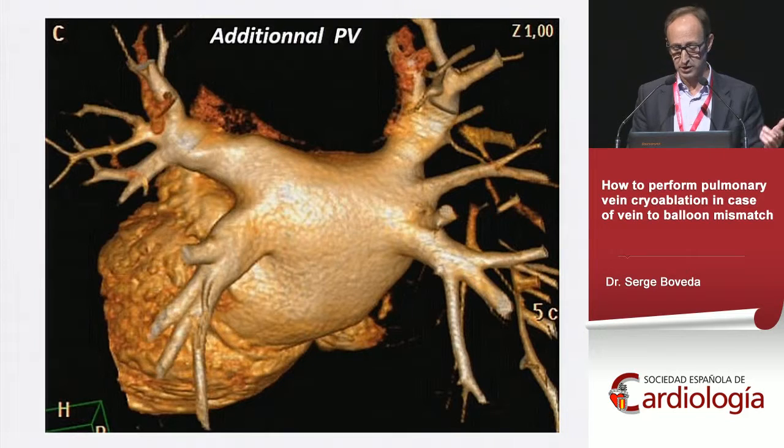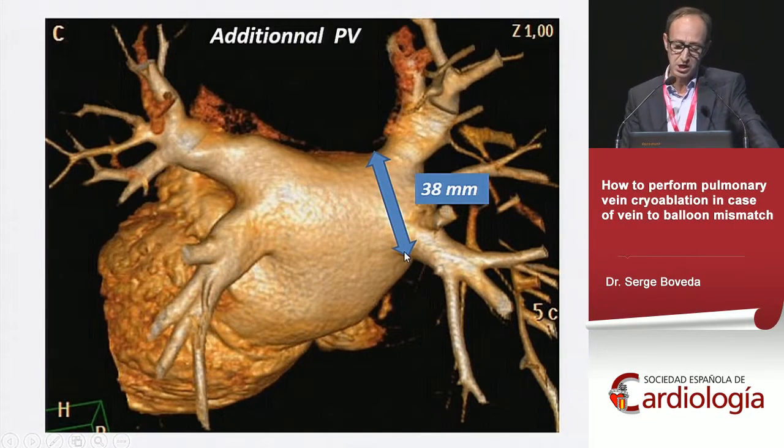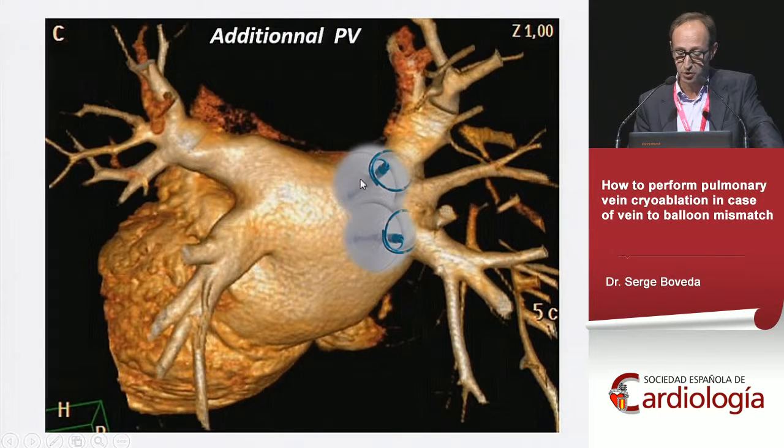If you ask the radiologist to measure the distance between the roof of this vein and the bottom of this vein, you have around 38 millimeters. If you put your balloon in the superior vein and then the balloon in the inferior vein, you add 28 millimeters plus 28 millimeters, it's much more than 38 millimeters.